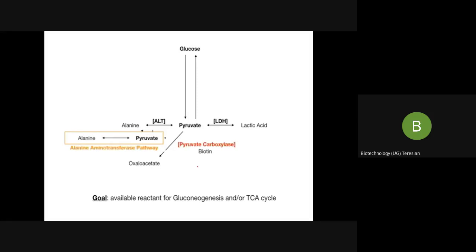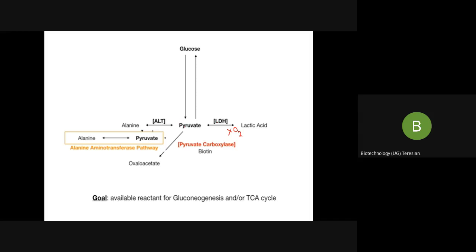So again, you can see here, pyruvate getting converted to lactic acid or lactate in the presence of lactate dehydrogenase, and this is an anaerobic reaction, in the absence of oxygen. And this is a reversible reaction.